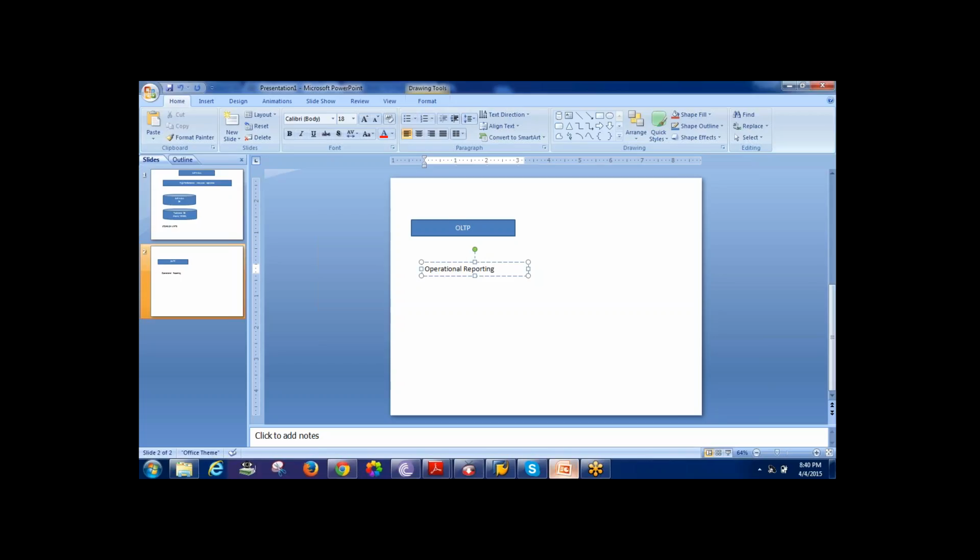How much did I sell today? What product should I buy in this store tomorrow so that I can continue to sell products in my store? That is called day-to-day operational reporting. That is all a transactional database is built to do. The primary purpose is to save transactions so that I can do some operational reporting. That is the main purpose of a traditional database.